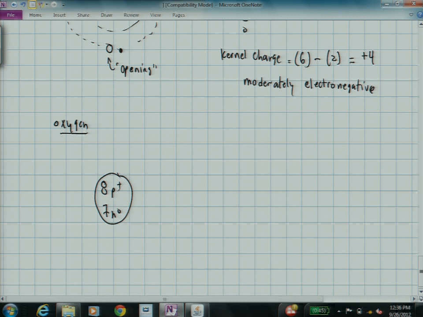Not only electronic structure, but can you predict from that how many covalent bonds it's going to want to make? And is it going to be more or less electronegative than carbon? So relatively speaking. First structure, and from that you can then conclude the number of covalent bonds, and then you can also conclude more or less electronegative. So take your time, puzzle it out. We'll get down to business.